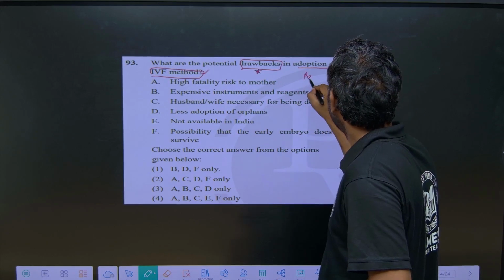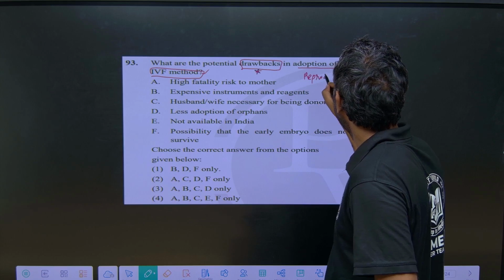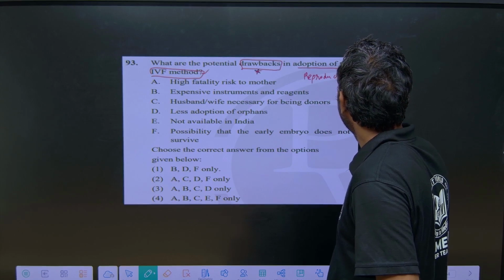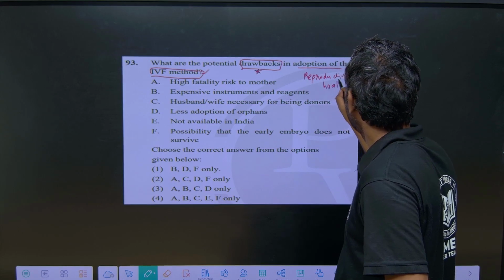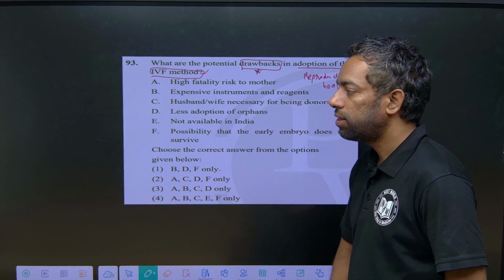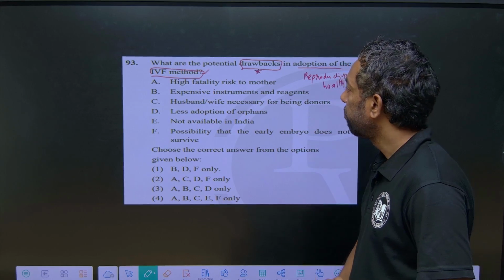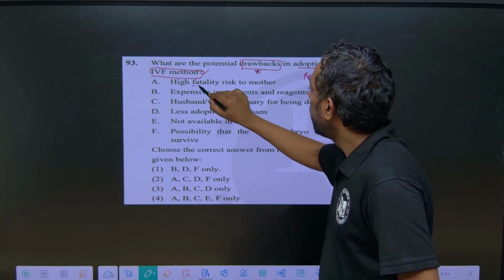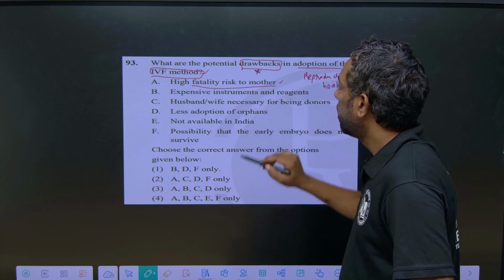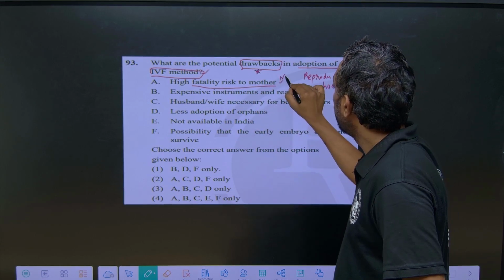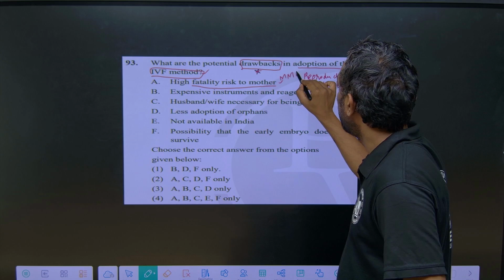This is from the reproductive health chapter. Reproductive health, guys, just look into this. High fertility risk in the mother, meaning maternal mortality rate is high.